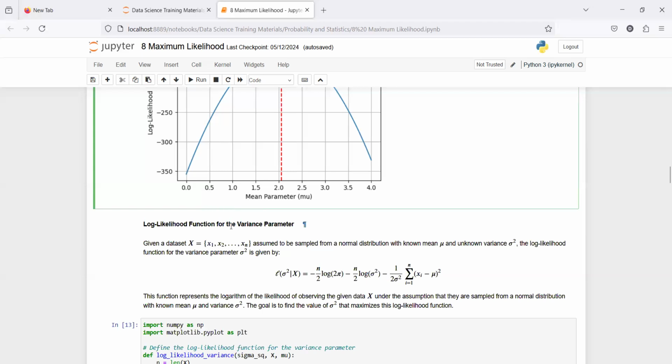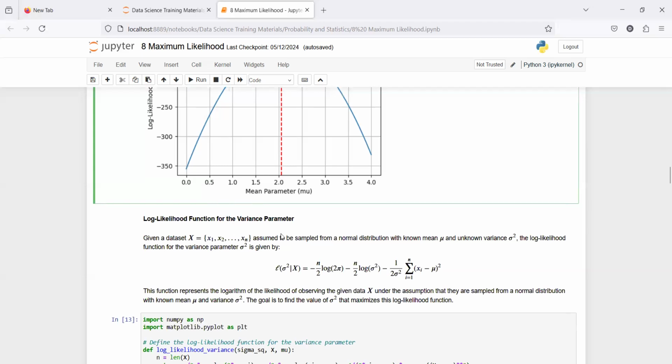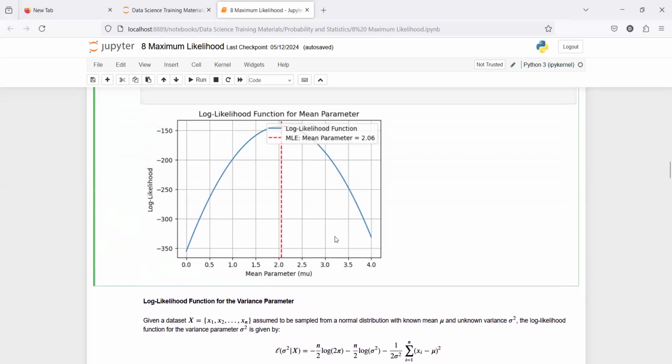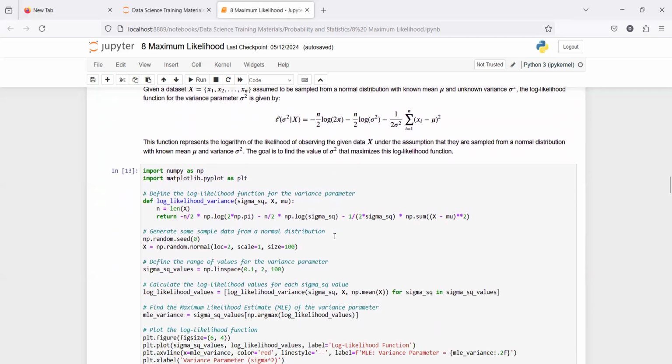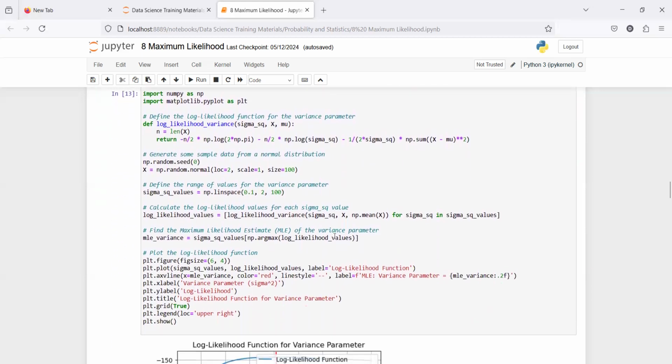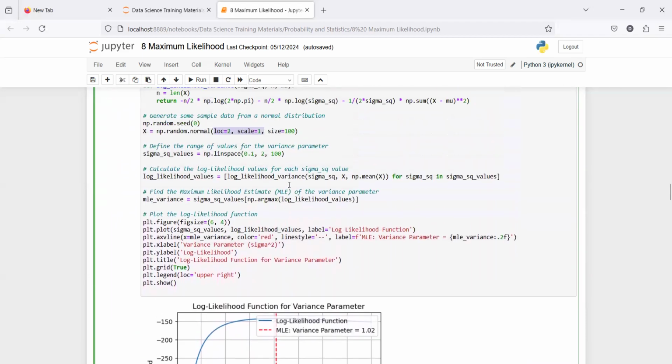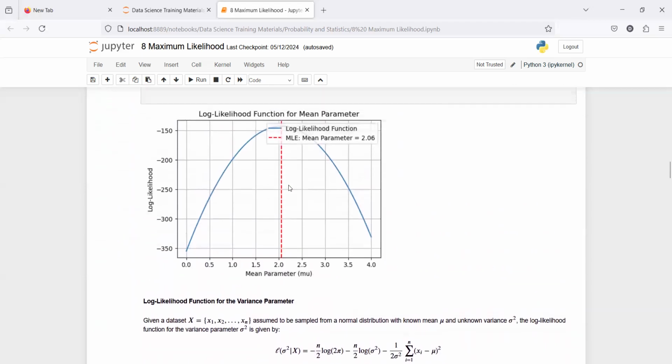And then we take the log likelihood function of the variance parameter, and we derive this from that original function. We do pretty much the same thing. Recall location 2, 1. And we get a variance parameter of 1 here, and the mean parameter is around 2.